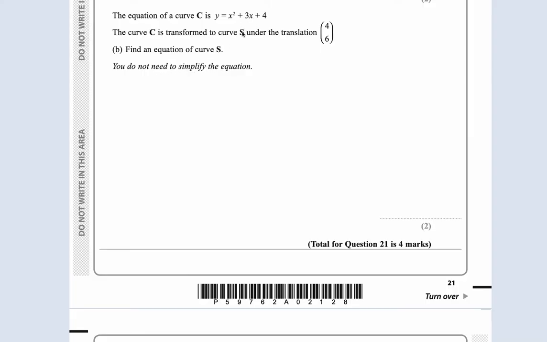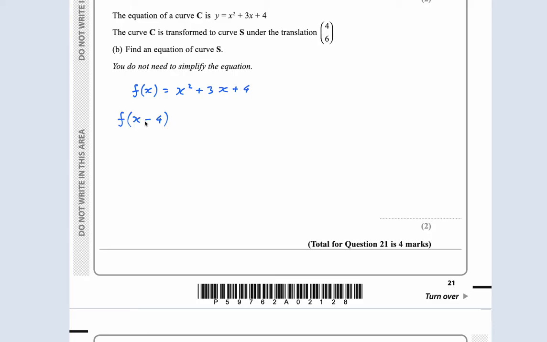Okay, so what this means, guys, is I'm going to move it. I'm going to write it like this. I'm going to say f of x is equal to x squared plus 3x plus 4. Now to apply this transformation, I have to get f of x minus 4, because this will move the curve to the right 4.